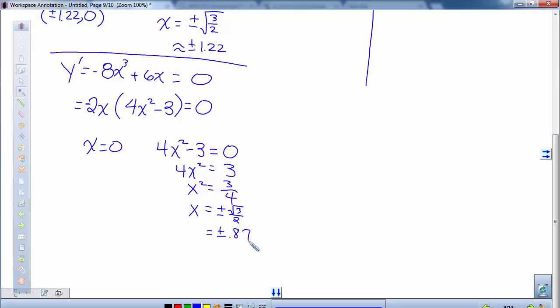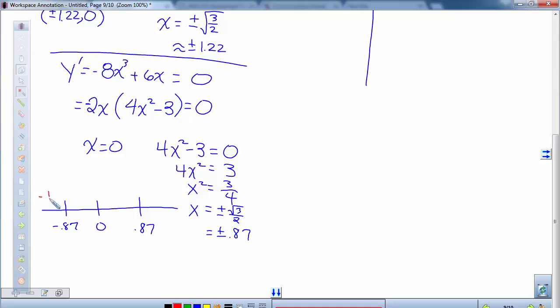All right. So I need to know where it's increasing and decreasing. So I'm going to set up my first derivative test from minus 0.87 to 0 to 0.87. And of course, we've got minus infinity on this end and plus infinity on the other end. Everybody okay? All right, so we pick test points.